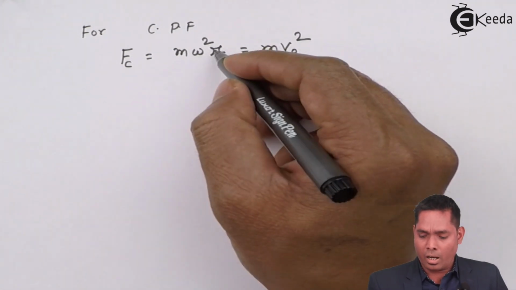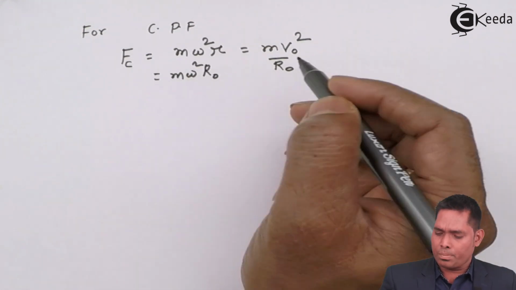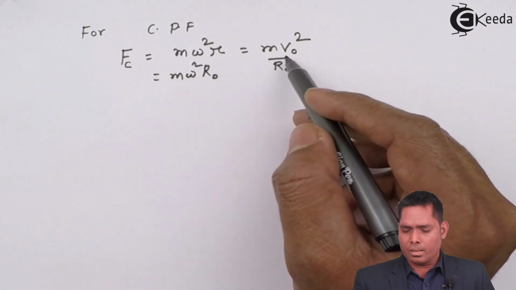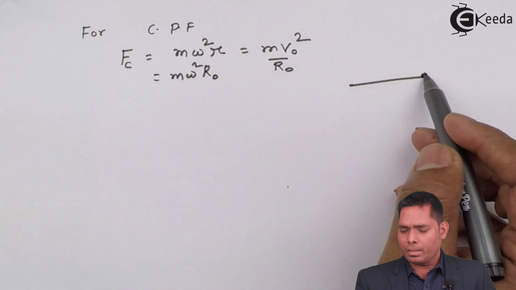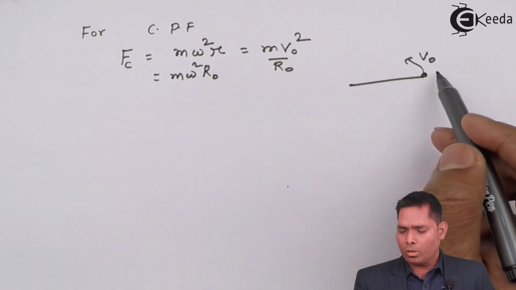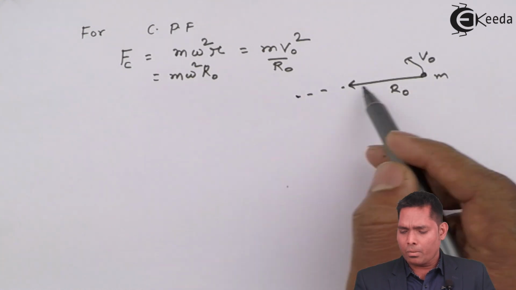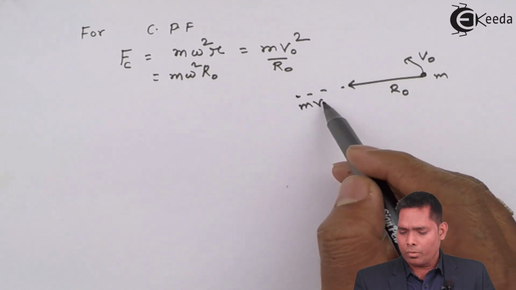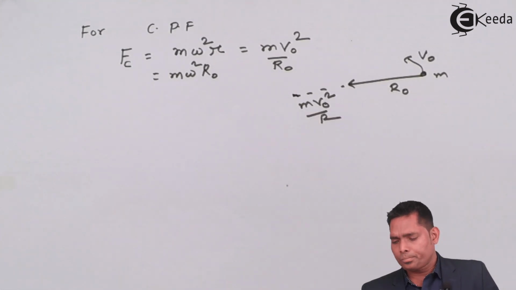Here I'll write m omega square r naught. In the initial case, when the particle is moving with v naught, mass m and radius r naught, the centripetal force acting is m v naught square divided by r naught at that particular instant. This is the center.